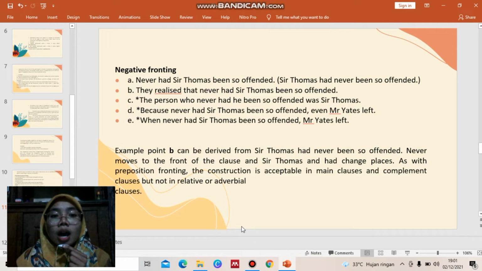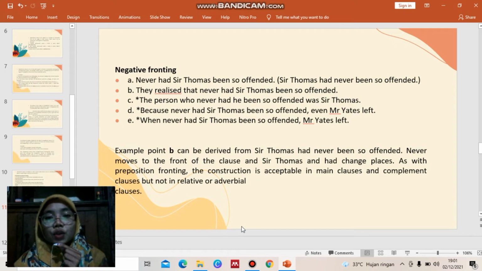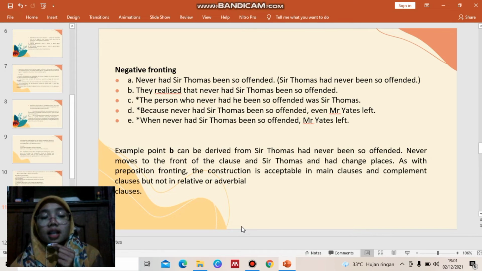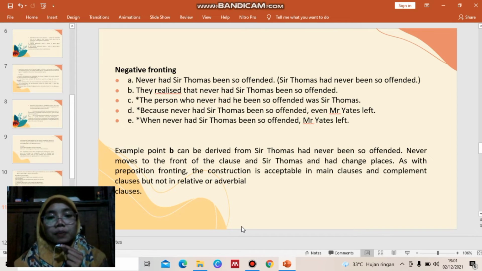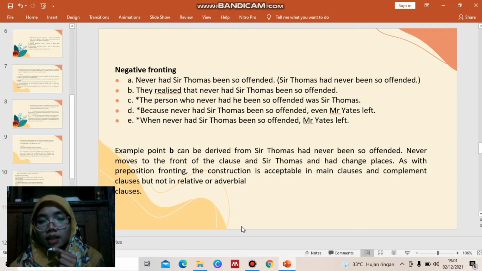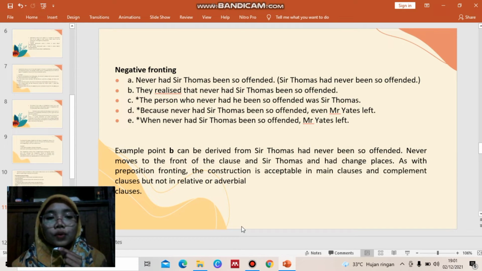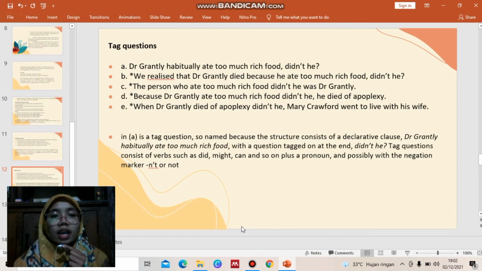E. When never had Sir Thomas been so offended, Mr. Yates left. Example B can be derived from Sir Thomas had never been so offended. Never moves to the front of the clause and Sir Thomas and had change places. As with preposition fronting, the construction is acceptable in main clauses and complement clauses but not in relative or adverbial clauses.